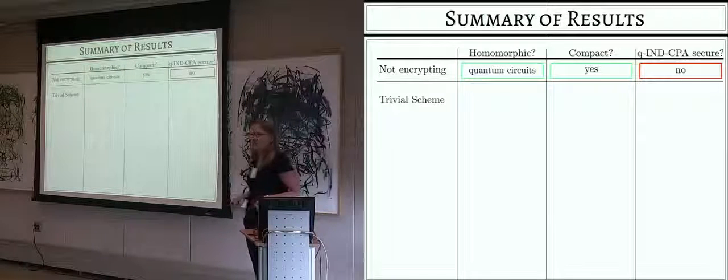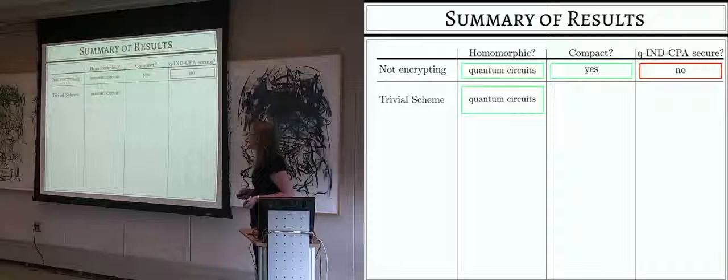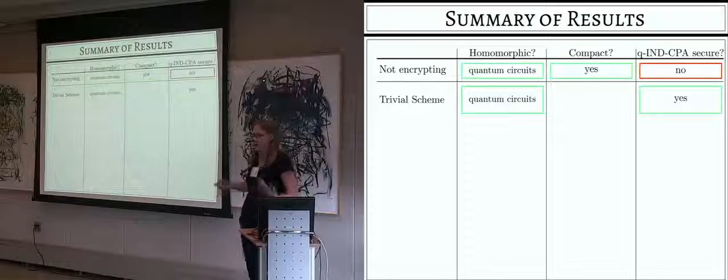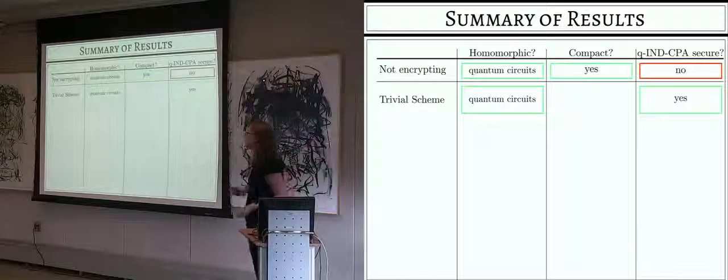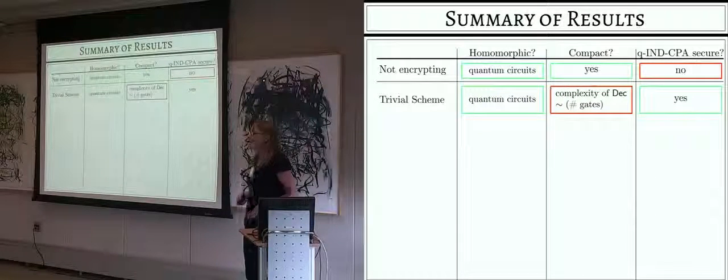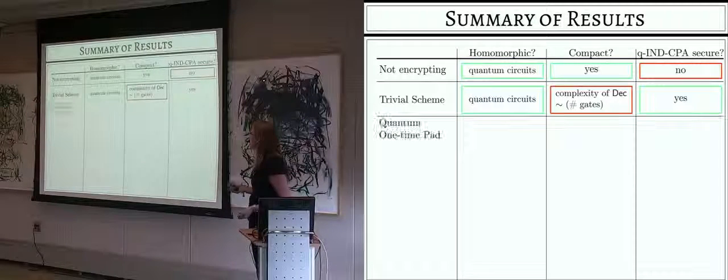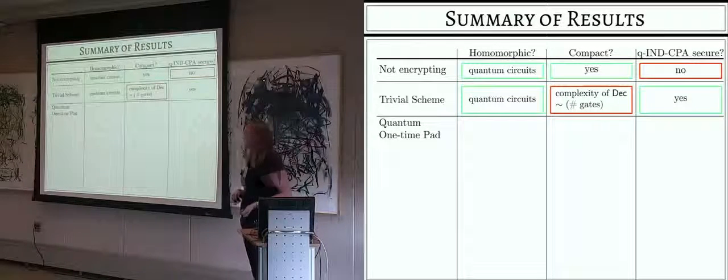And the trivial scheme that I showed you before is homomorphic for all quantum circuits, and it's as secure as whatever public key encryption scheme we start with. But it is not compact. The complexity of decryption scales with the number of gates in the evaluated circuit. And finally, the quantum one-time pad.